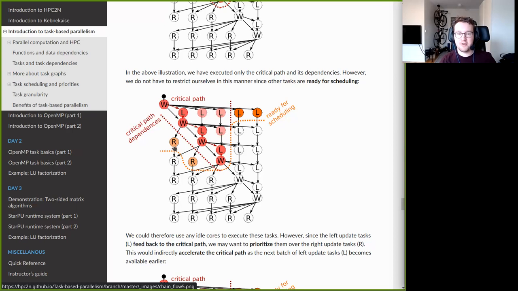Whereas for this right update here, if you look where the output is going, it is not actually being fed back to the critical path at any point. So in some sense, these left-hand side updates are more important than these right updates. We may want to prioritize the left-hand side updates over the right-hand side updates, because the right-hand side updates do not feed back to the critical path at any point.